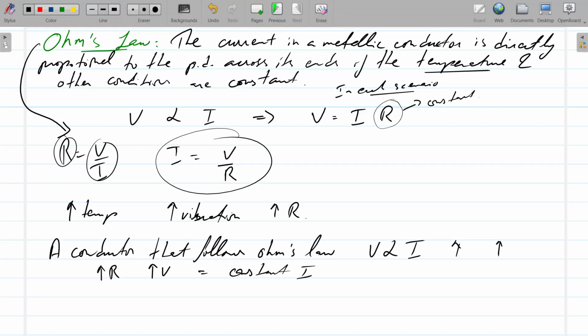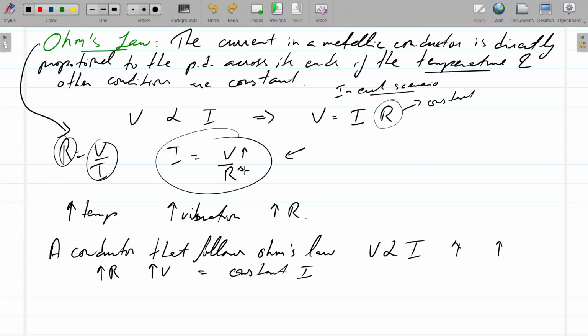Along with the increase in resistance, the voltage also increases. And so if you look at this equation, if voltage increases and resistance stays the same, that means you've got more current going through, which is not what we want, right?